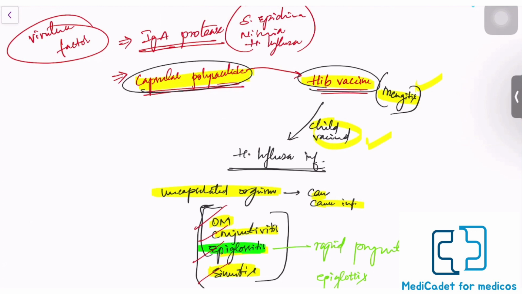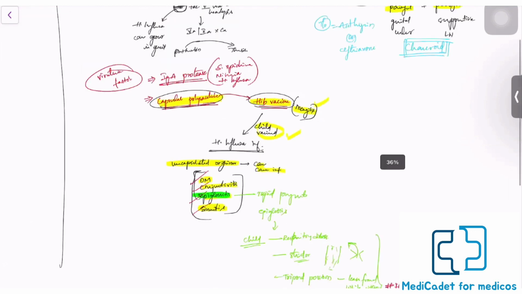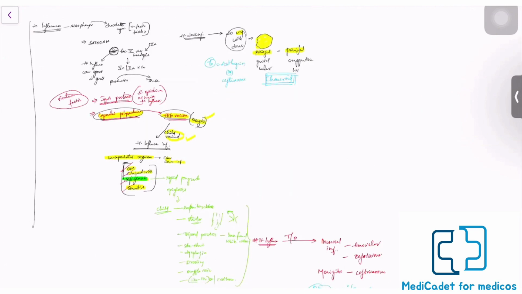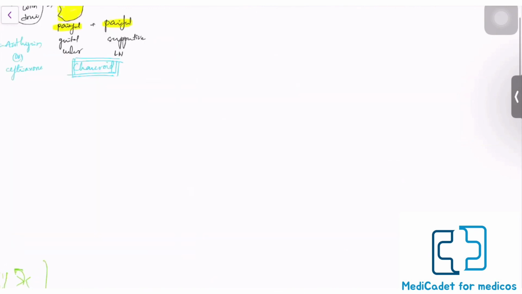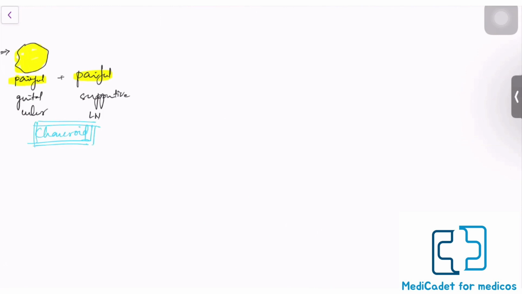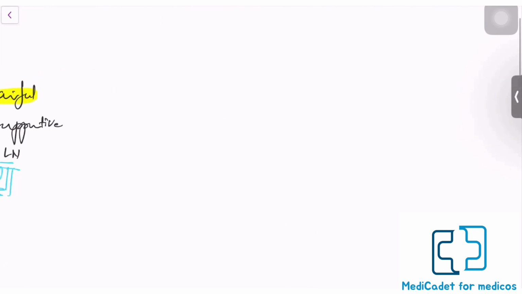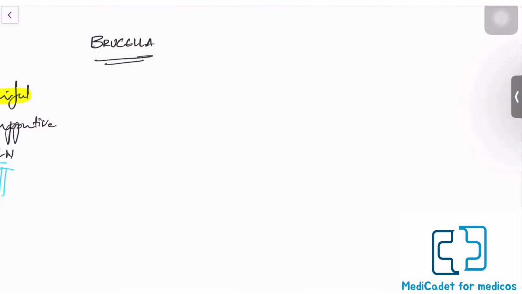All right, so I'm moving to the next one, which is Brucella. These are basically very small gram-negative rods.